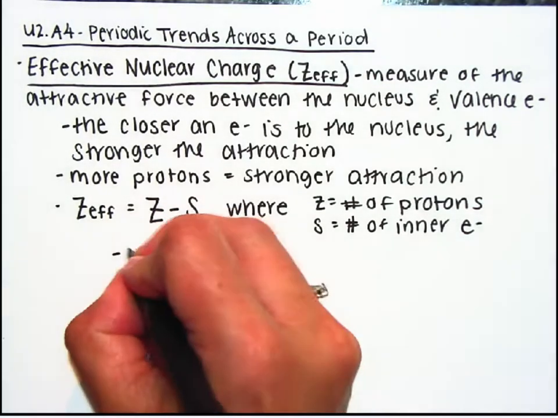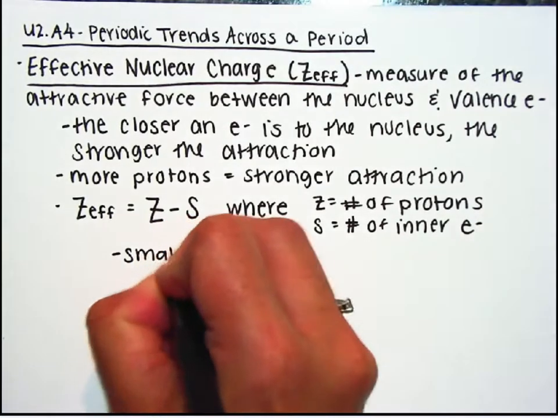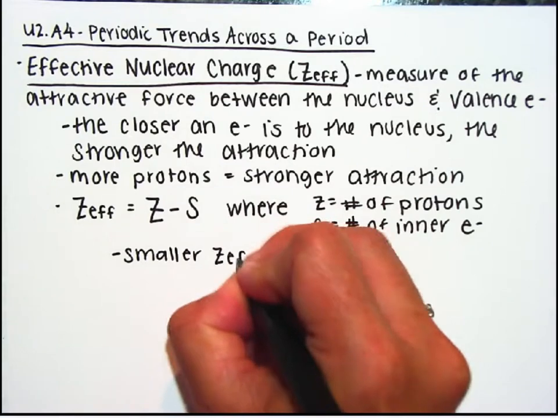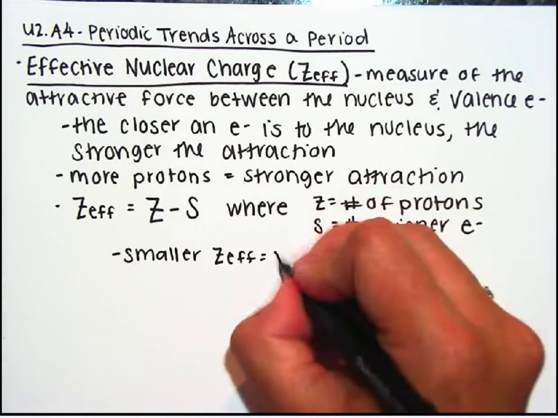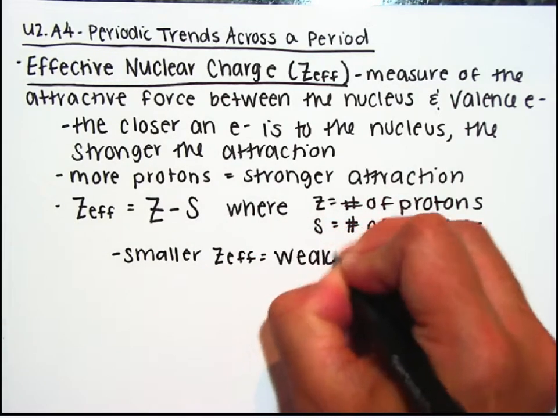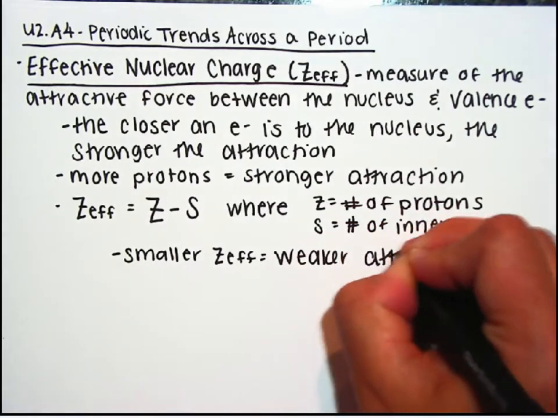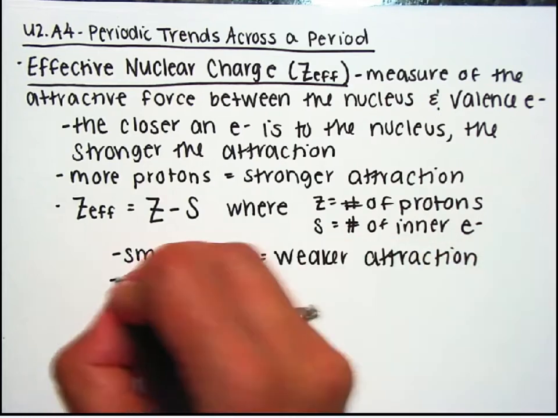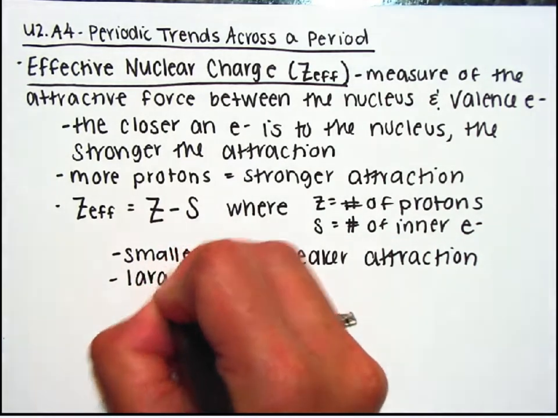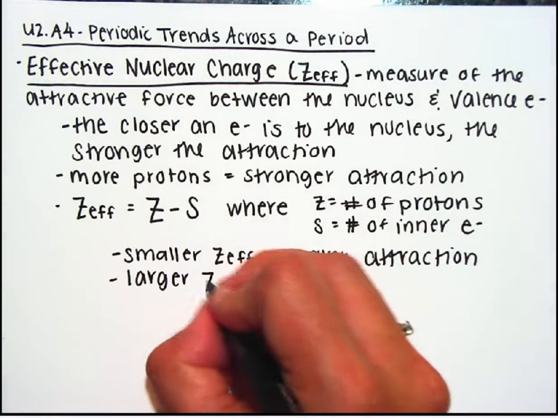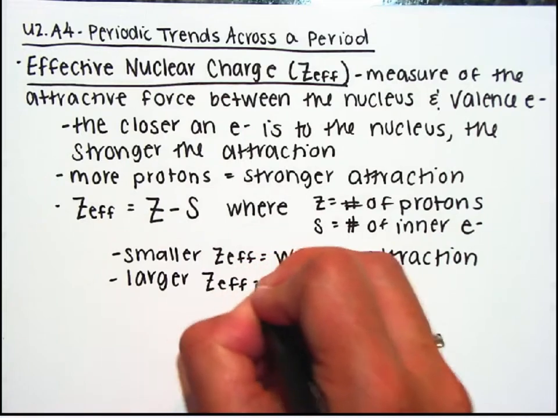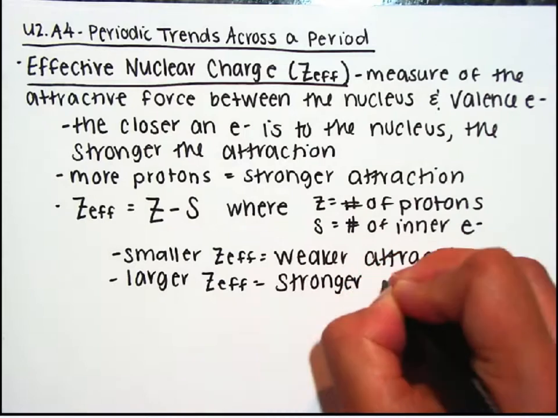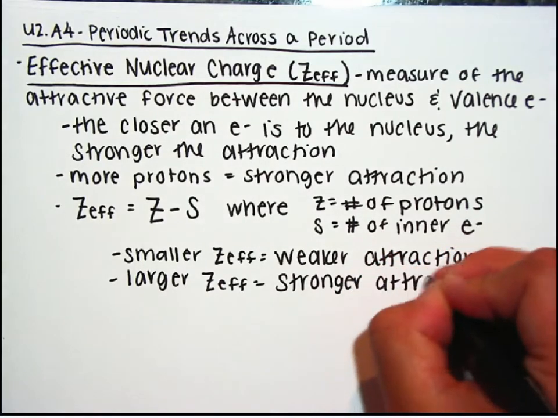If we were to calculate ZEF, the smaller the ZEF value, the weaker the attraction. And then vice versa. The larger the ZEF, the stronger the attraction.